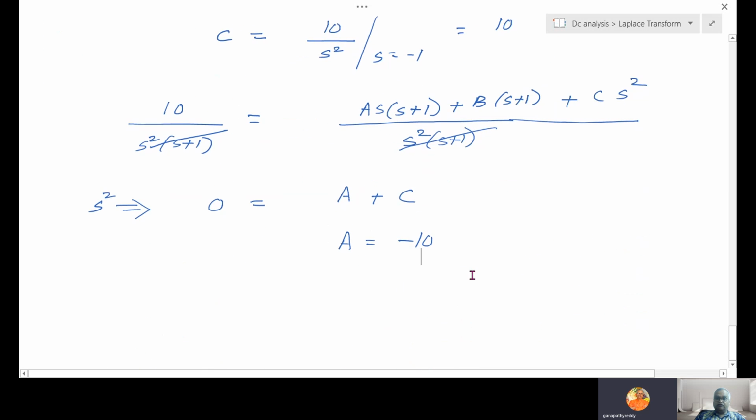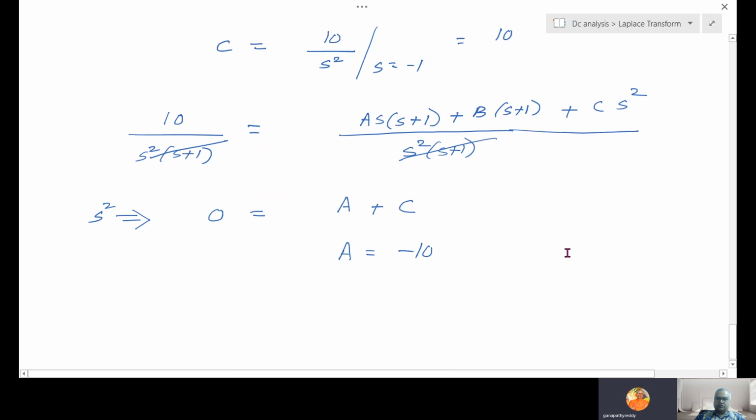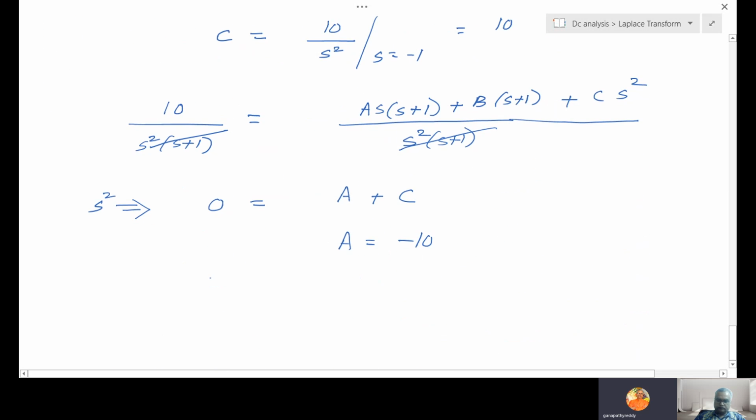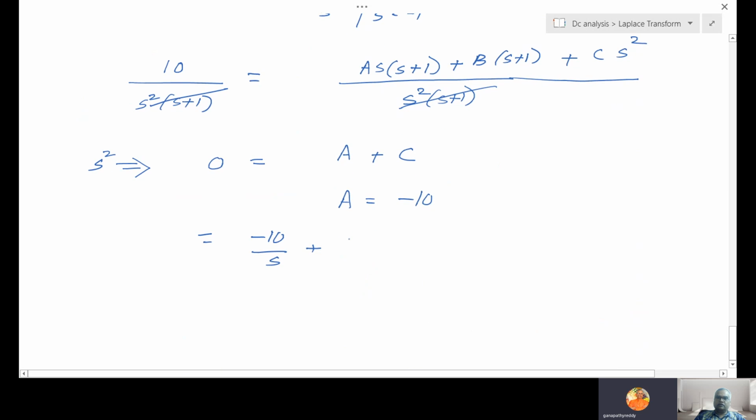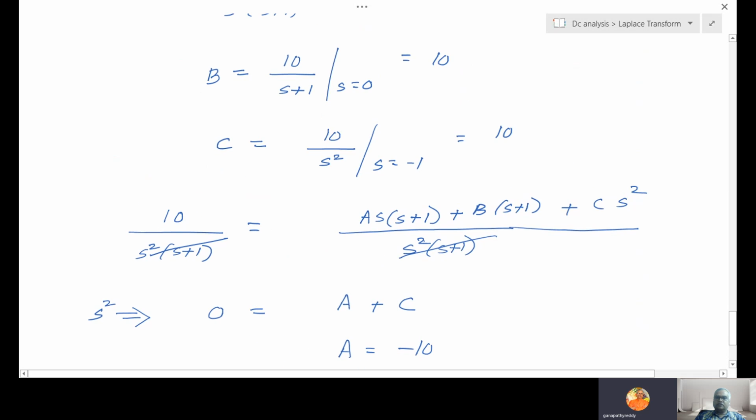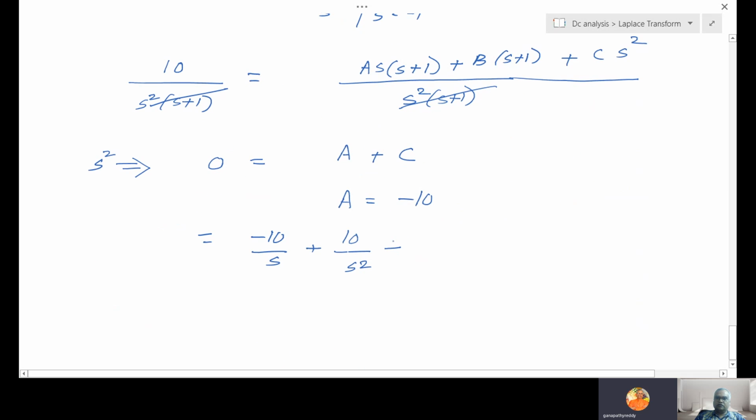So finally, what is a value? Minus 10 by s plus b, 10 by s square, plus c. C is 10. C by s plus 1. So what is f of t now?